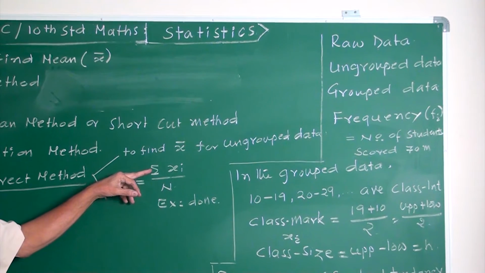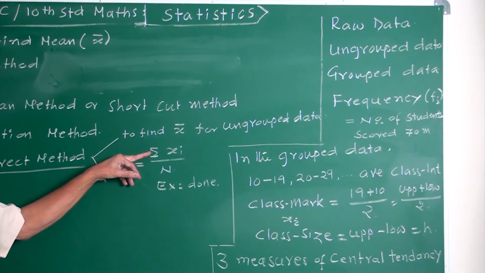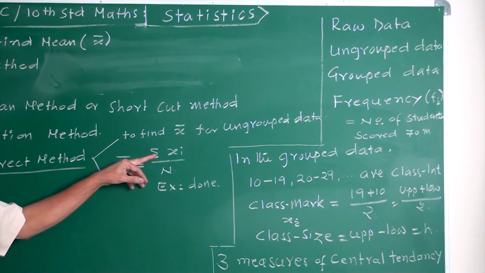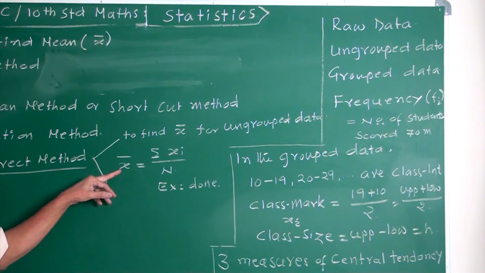That is, the sum of all the values of the observations upon the number of observations, to find x bar.